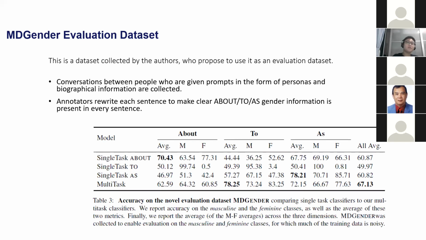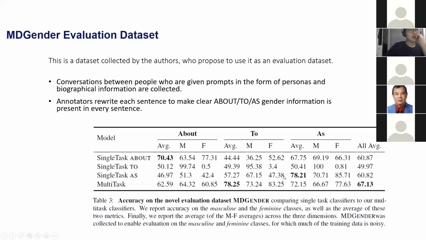So this is the performance of the classifiers on the evaluation data set. For single task, about, performs okay. Single task to, not so okay.